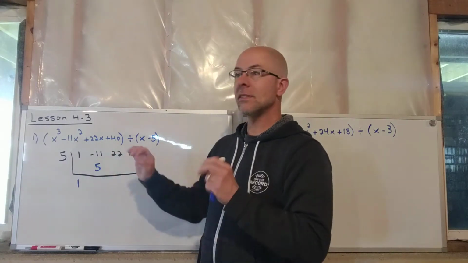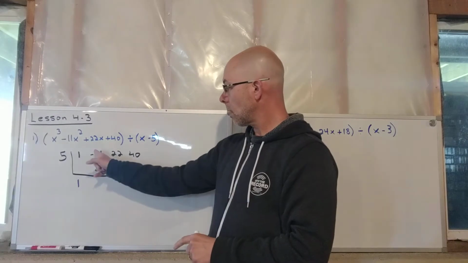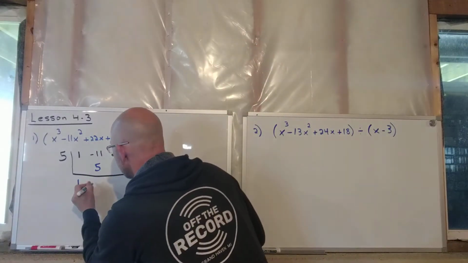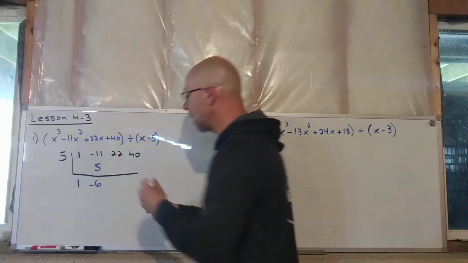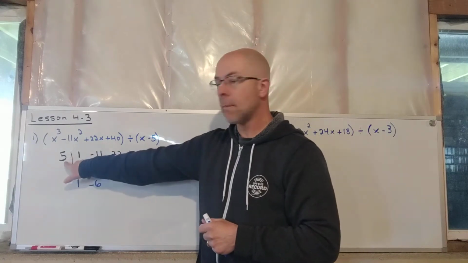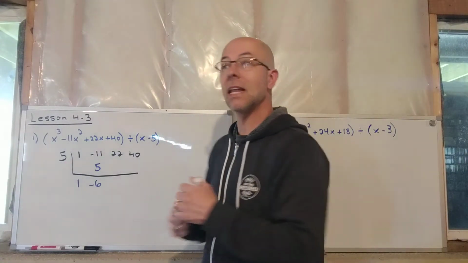And you always, in synthetic division, add the 2 numbers. So negative 11 plus 5 is negative 6. And that addition goes here. Any number that falls below the line multiplies to this number out front. Negative 6 times 5 is negative 30.